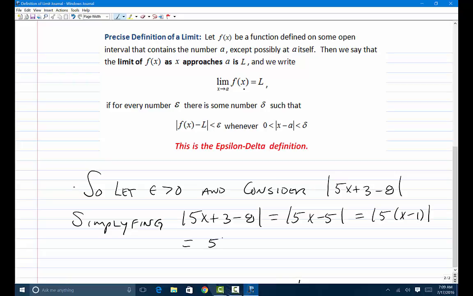which is equal to 5 times the absolute value of x minus 1. But since the absolute value of x minus 1 is less than delta, this is less than 5 times delta.